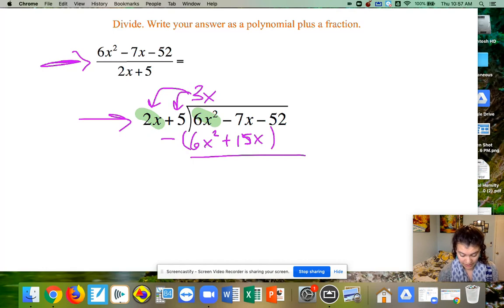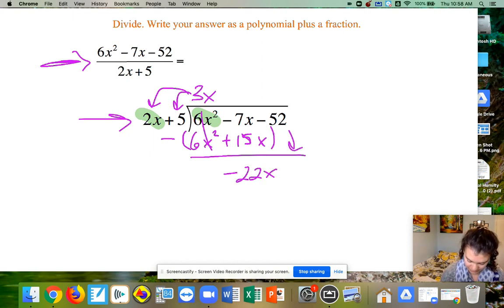So it's going to be a negative 6x squared and a negative 15x. It's super easy, and people make this mistake a lot, to not subtract this right here. They end up adding that one. That doesn't work. You need to subtract from both. So these are going to cancel, which is what you want. And then we have negative 7x minus 15x. So we'll get negative 22x here.